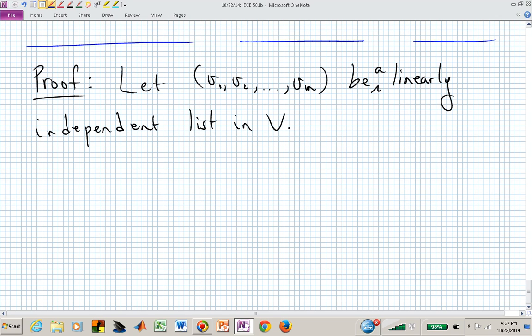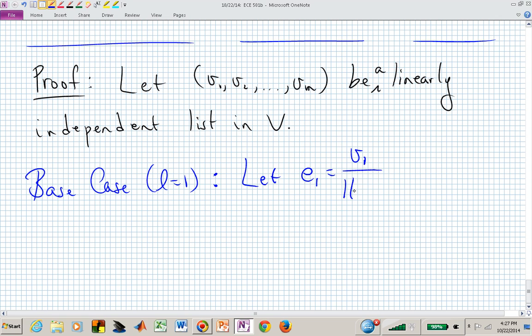So let's look at our base case. Let's do this with j equal 1. So now let's let e1 equal v1 over the norm of v1.